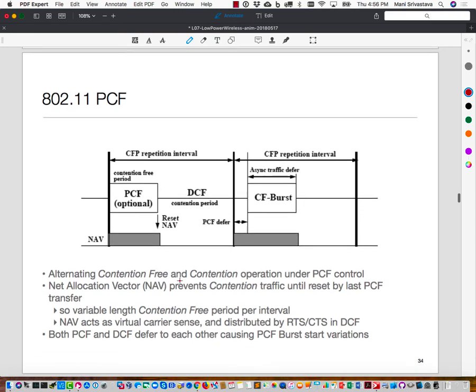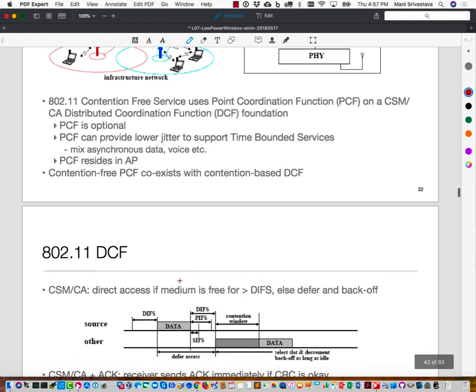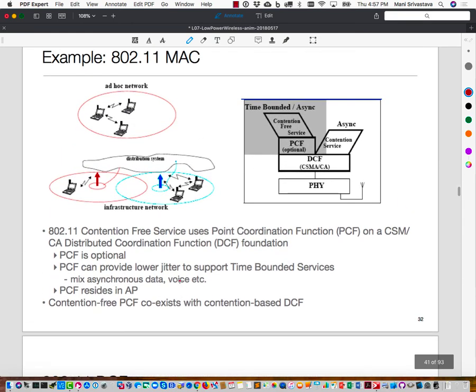Now, the way it works is that under the hood, they actually have only one mechanism. If you go back to this picture that I had, what it shows is that DCF is there, and then PCF is kind of built on top of it. And the way they built it on top of it is, if you recall, we have this thing called DIFS, which says how long is a channel free.